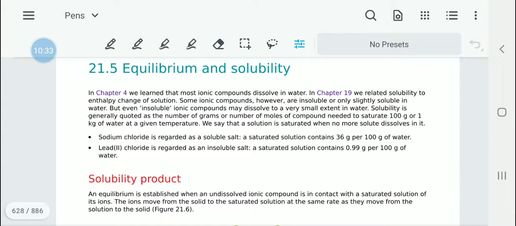A saturated solution contains 36 grams per 100 grams of water. Then lead 2 chloride is an insoluble salt. A saturated solution contains 0.99 grams per 100 grams of water.